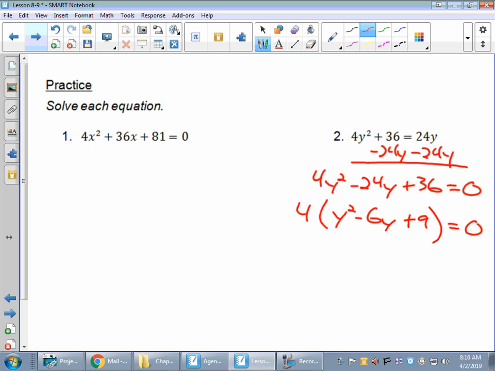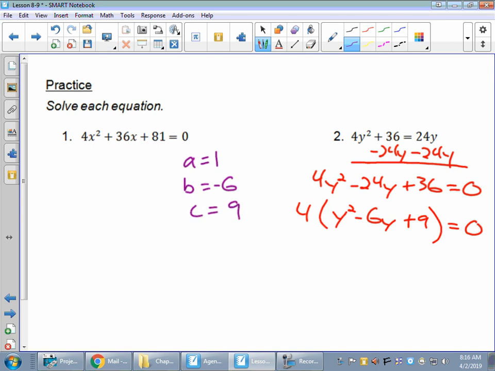So now I'm going to try to do the shortcut method if I can. So I'm going to use a product sum table. Again, I'm just going to list my A's, B's, and C's. In this case, I'm just looking inside the parentheses here. So my A value is 1 because I have to factor the trinomial. That's my next step. So my A is 1, my B is negative 6, and my C is 9.